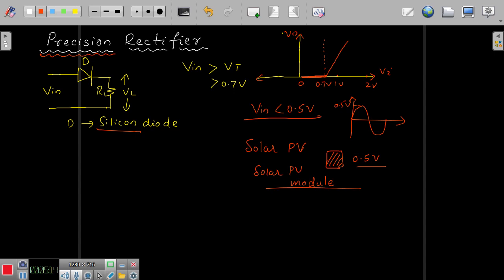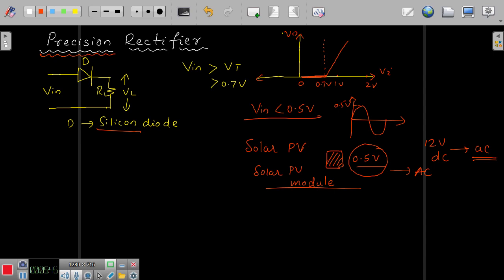Let us say that I got some 12 volts here. This 12 volts DC, we can definitely convert into the corresponding AC, because we can have the inverters, right? We can have the converter configuration, we can have the inverter configuration. Now, if you want to convert this 0.5 volt itself to AC voltage, then your conventional diodes cannot be used there.